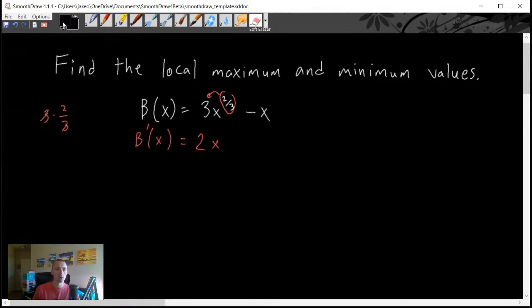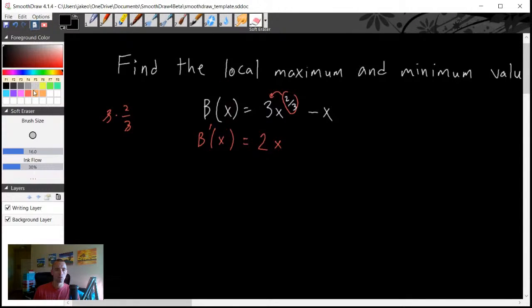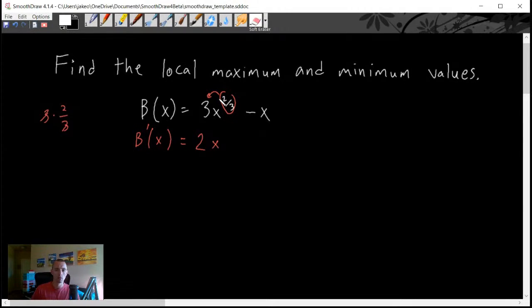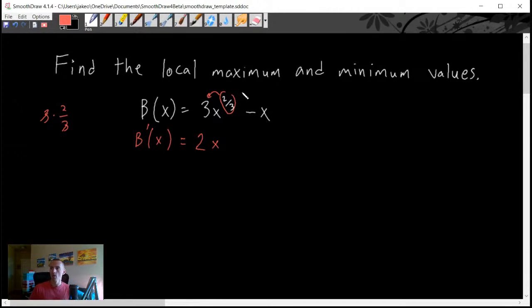There we go. All right, sorry about that. A little bit of a technical difficulty there. My eraser was not erasing.